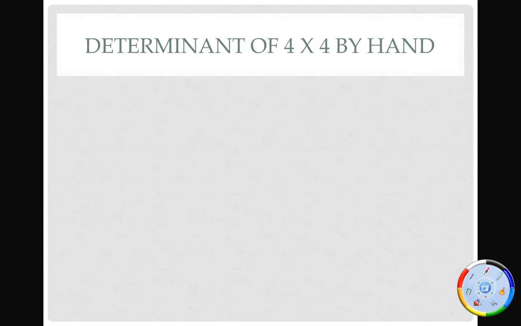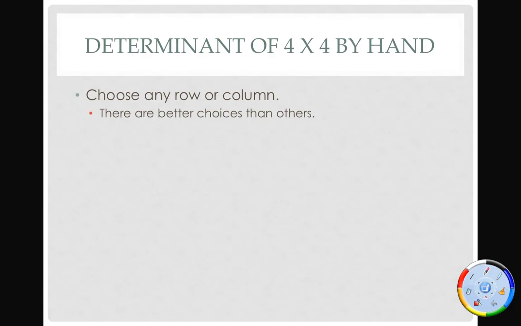The largest thing that I think I'm going to have you guys do by hand is to find the determinant of a 4x4 matrix. But it follows the same process as finding the determinant of a 3x3 matrix. You can choose any row or column. There are better choices than others.